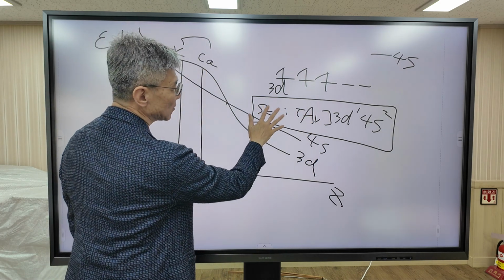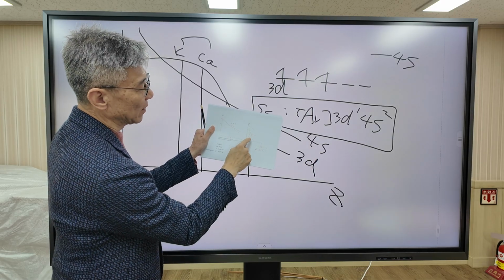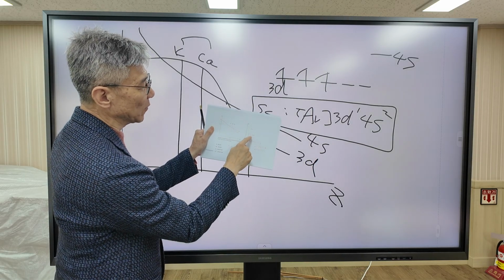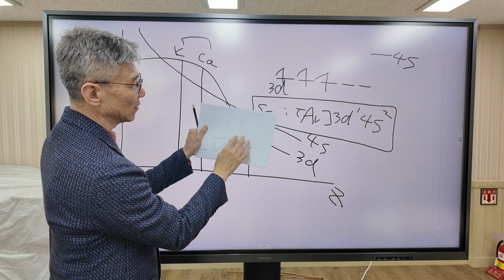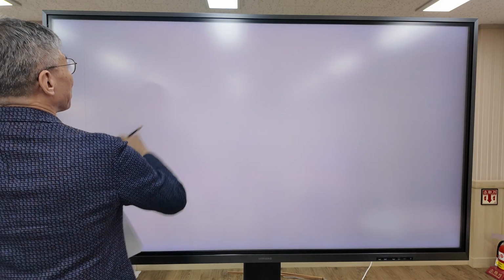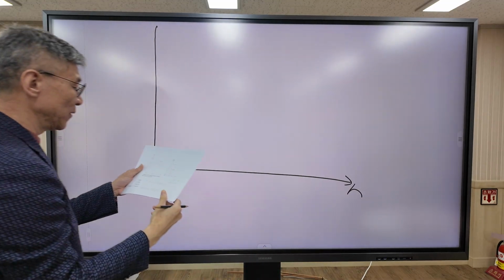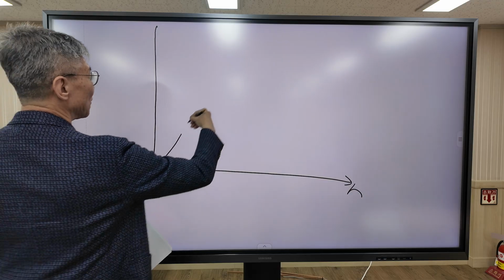To explain this electronic configuration, we are going to need to take a look at the physical size of the 4s orbital and the 3d orbital, the graph on the right. Roughly sketching, this is the 4s orbital.